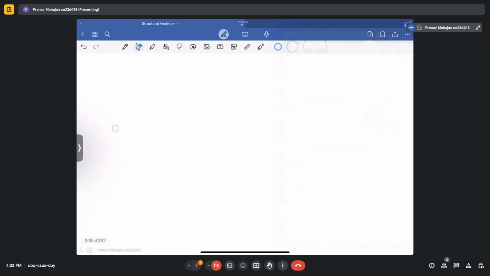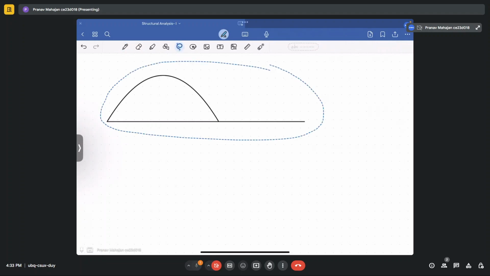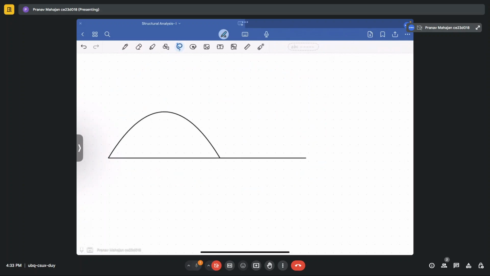So first you plot the values related to the applied loads. So this is the applied loads values, and due to the concentrated load, it will look like this.